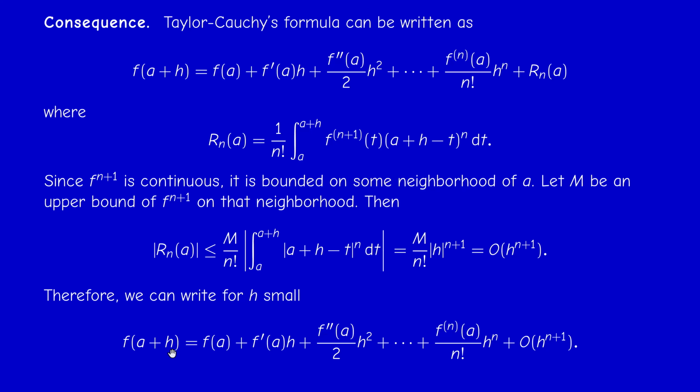So f of a plus h, when h is small, is a polynomial of degree n in h plus terms of order h^(n+1). Okay? So this is a very good approximation actually when h is small. Even if we take n equal 2 or 3, if n equals 2, this is just h cubed.